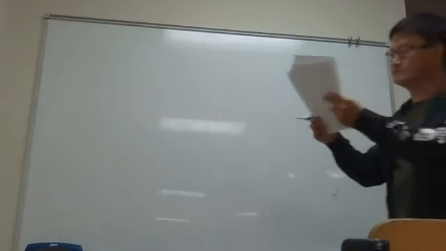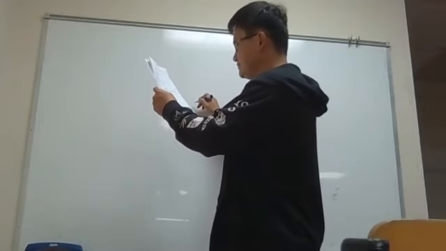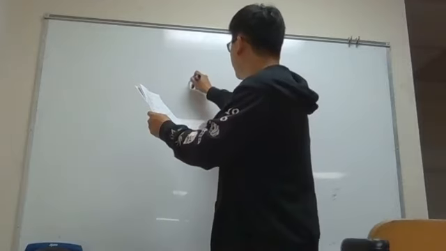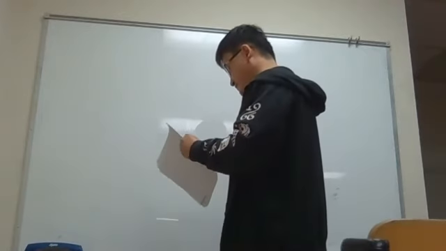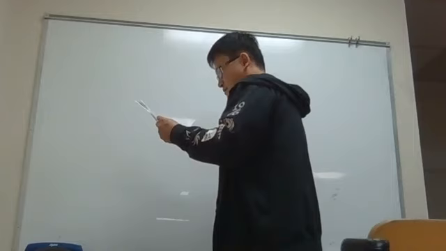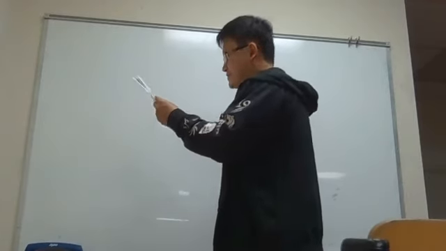The next problem is problem 25. We have a square with area 4 inscribed in a square with area 5.